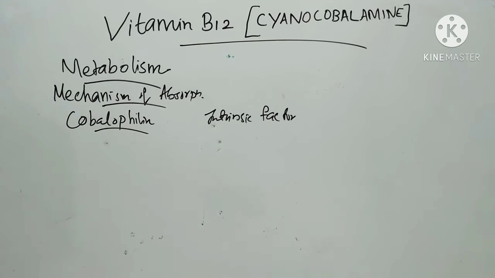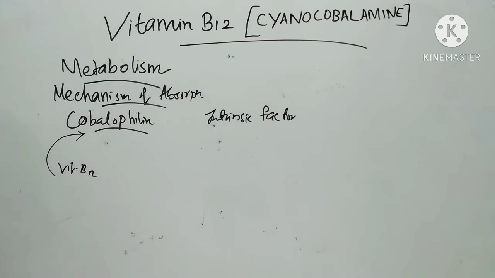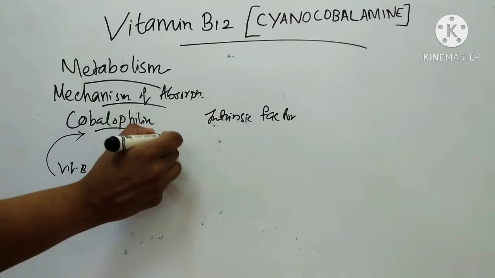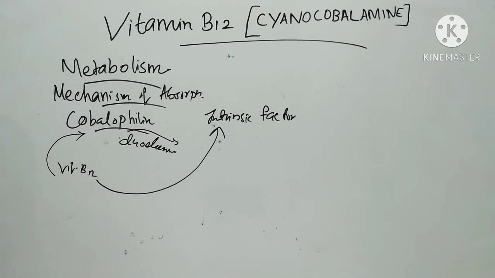HCl and pepsin release vitamin B12 from protein binding in food, and it binds to the salivary protein cobalophilin. Then in the duodenum, cobalophilin is hydrolyzed and releases vitamin B12 to bind to the intrinsic factor.